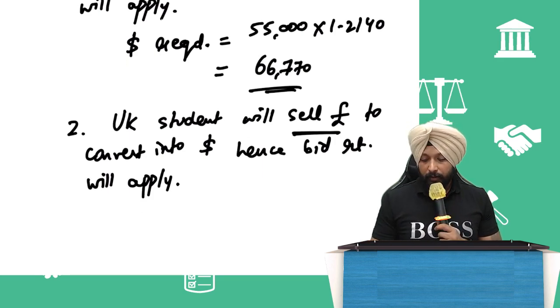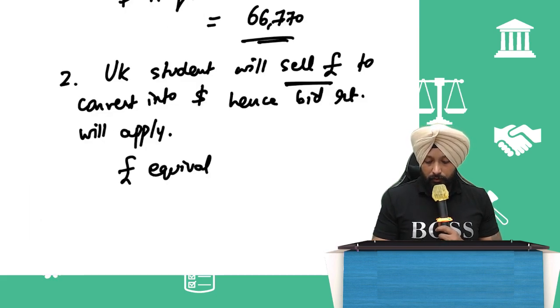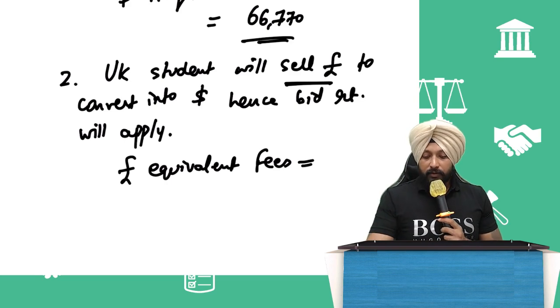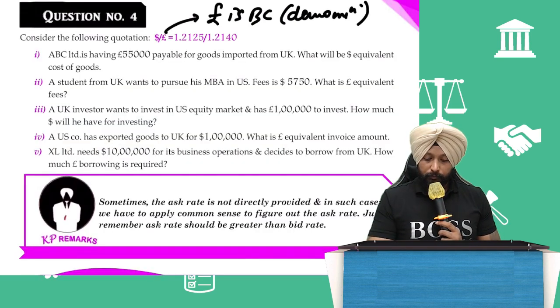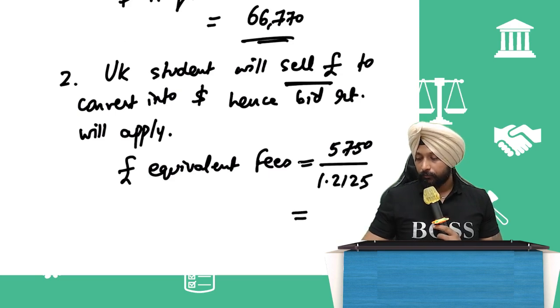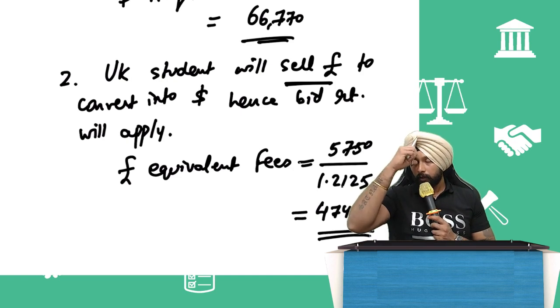Next line, pound equivalent fees. $5750 divide by 1.2125. $4742.27. Correct?